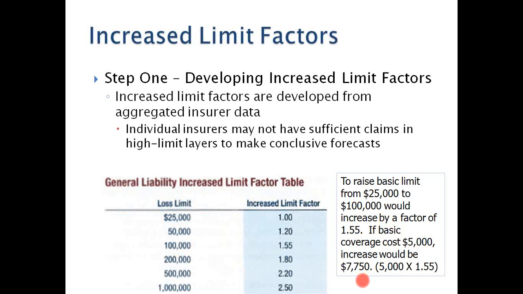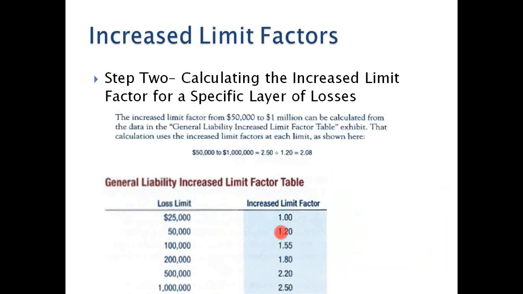Now, the reason why, and you'll see on the next slide, is that we're taking 1.55 divided by 1. If we were already at a $50,000 level, we would divide 1.55 by 1.2. You'll see how this works on the next slide.